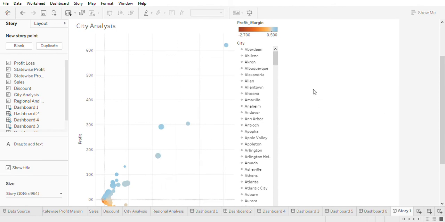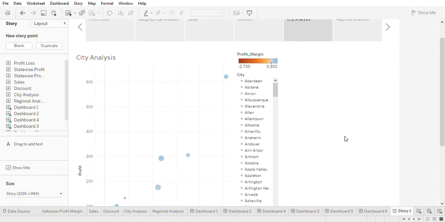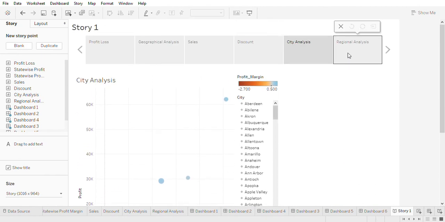These are the best performing cities, whereas cities like Philadelphia, Houston, and Chicago are incurring losses, and even San Antonio. So stores in these cities should be taken care of, and more marketing or more customer integration should be done for these cities which are not performing very well.